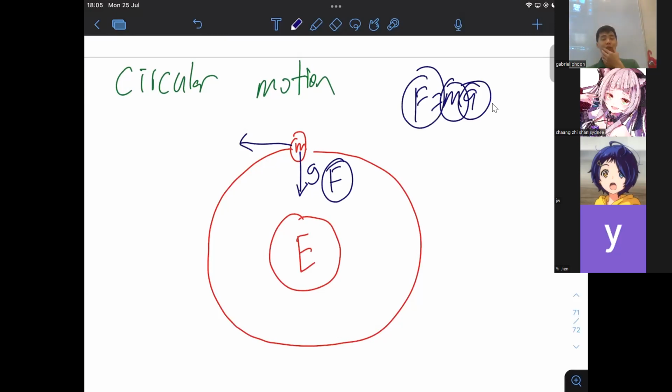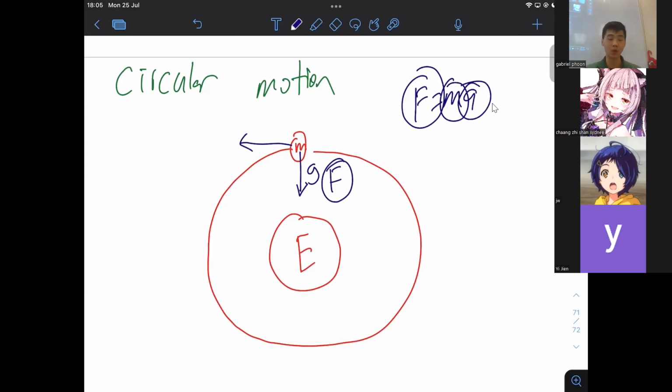Now, in your IGCSEs, they love to ask you these kinds of questions. So you can definitely expect at least one question from the Paper 2 paper to ask you something like this. And the question will always be the same one. It's very standardized. They'll ask you which direction is the resultant force, which direction is the acceleration, or something along the lines, guys.